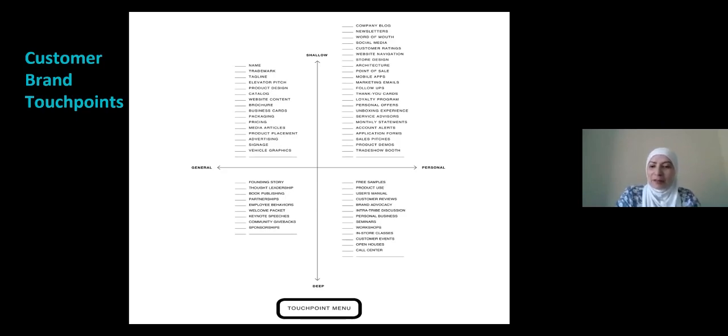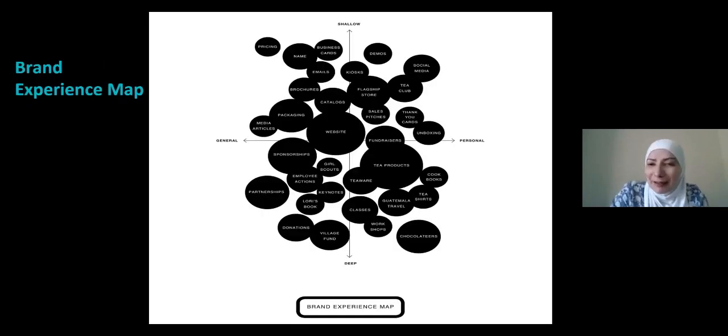Now, this one, an apology for the small font, but it's the main idea that I want you to get across from here. The brand experience, again, based on whether it's general or personal, shallow or deep.